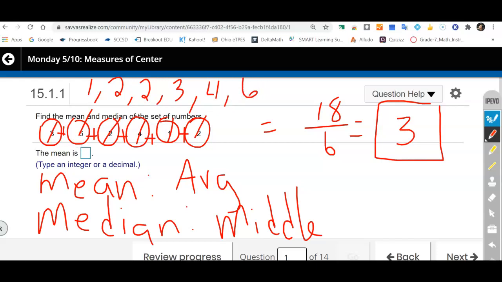Okay, so the median, there's 1, 2, 3, 4, 5, 6 numbers. So the median is going to fall right here in between. Breaks my group into 2 halves, doesn't it? So what number falls between 2 and 3?